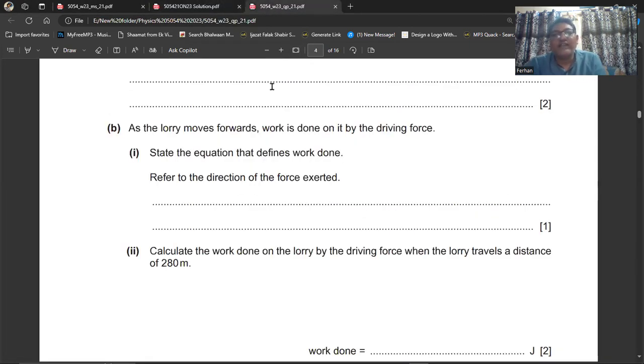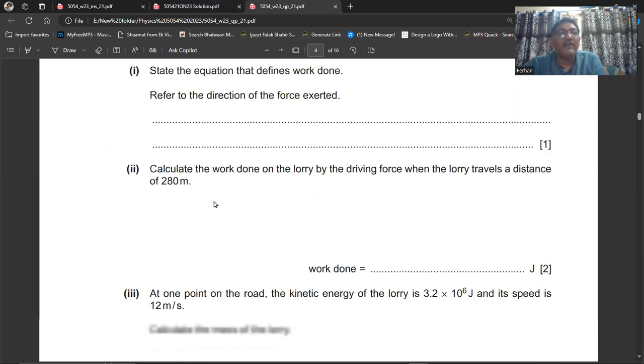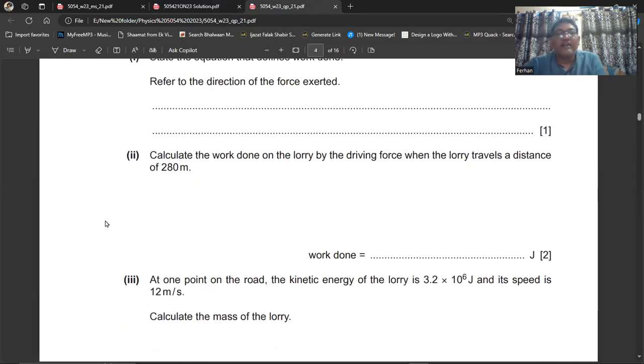Question number two, B, second part. Calculate the work done on the lorry by the driving force when the lorry travels a distance of 280 meters.